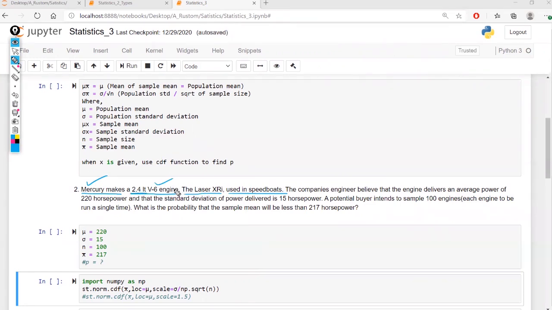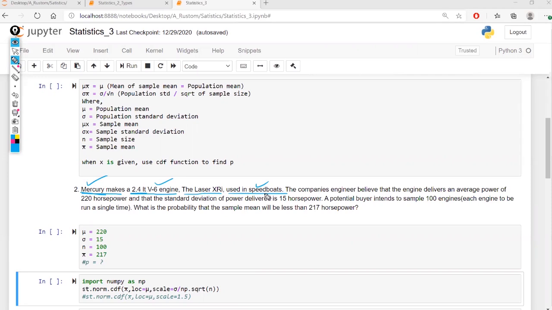Just like in our cars we get engines like 2.4 liter, 1.6 liter, V4 engine, V6 engine, similarly Mercury makes a V6 engine which is used in speedboats, like on the beach. I think everyone might have seen that.